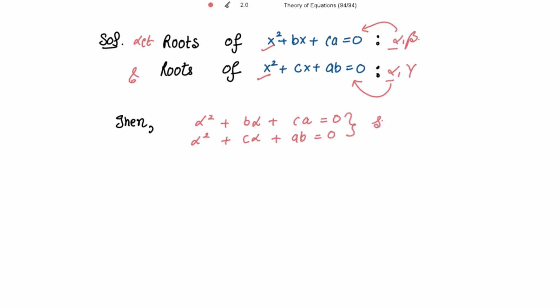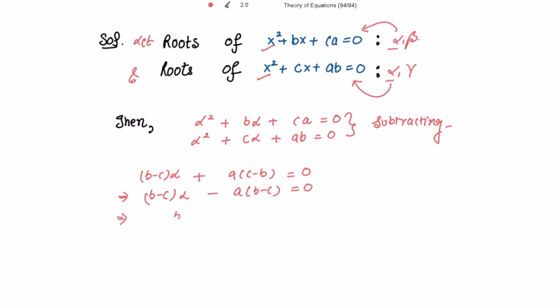Subtracting these two equations, we get b minus c into alpha plus a into c minus b is equal to 0, which is also implied as b minus c into alpha minus a into b minus c is equal to 0, which further implies that b minus c into alpha minus a is equal to 0.